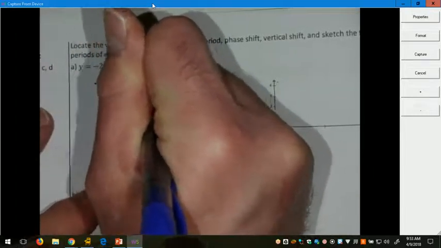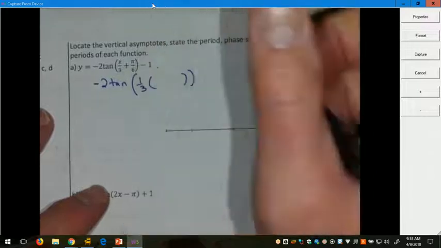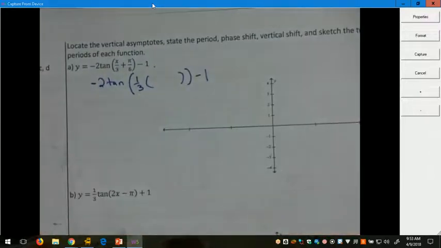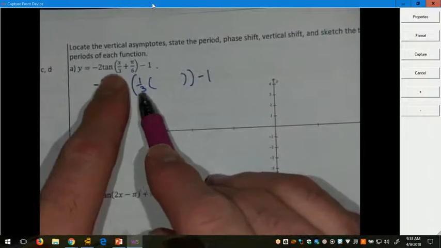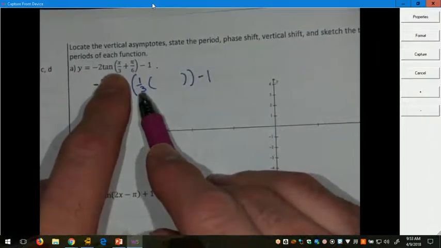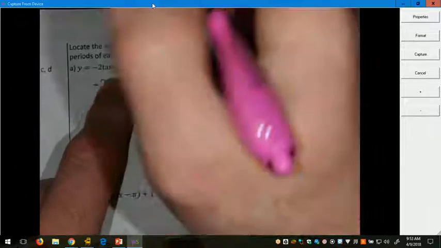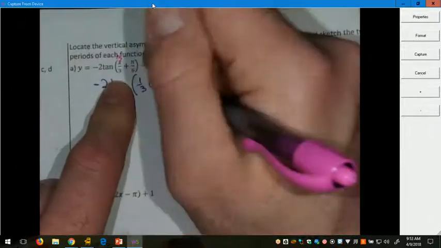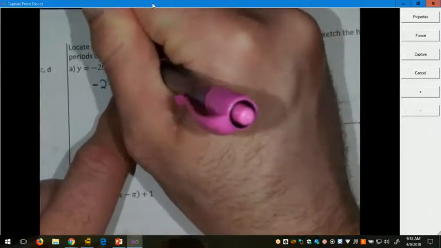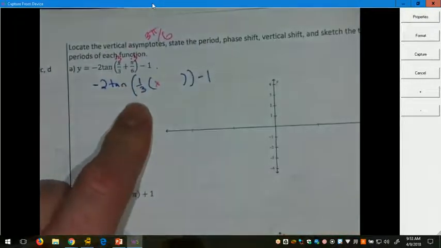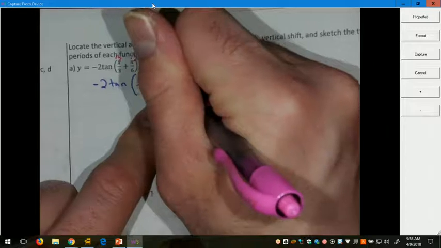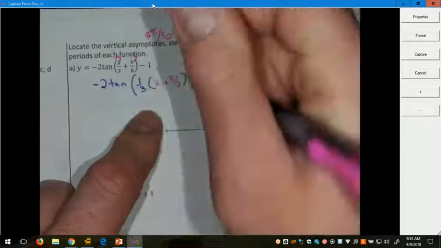B is 1/3. If I'm dividing by 1/3 to factor that out, what am I actually doing? Multiplying by 3, right? If I multiply that by 3, that gives me x. If I multiply this by 3, it gives me 3 pi over 6, which is actually pi over 2.